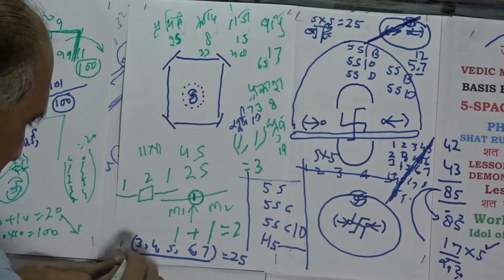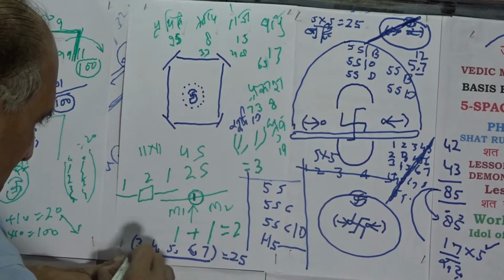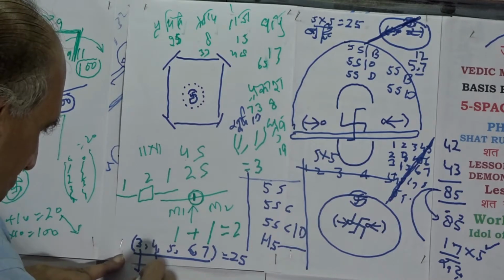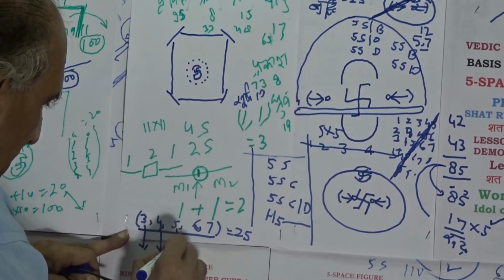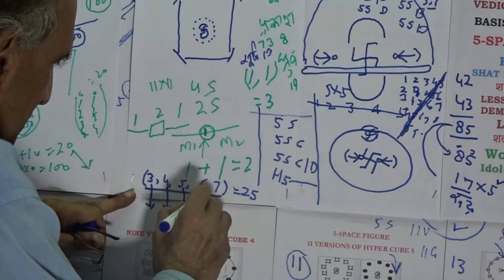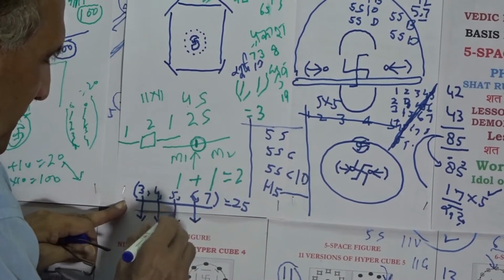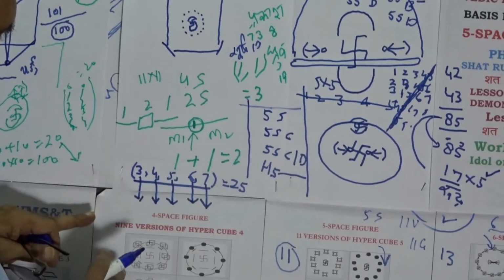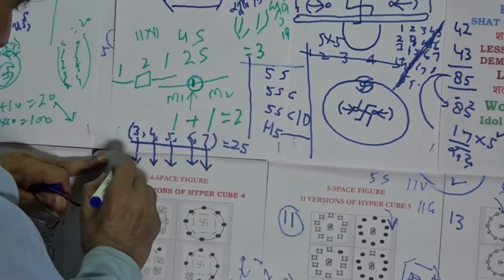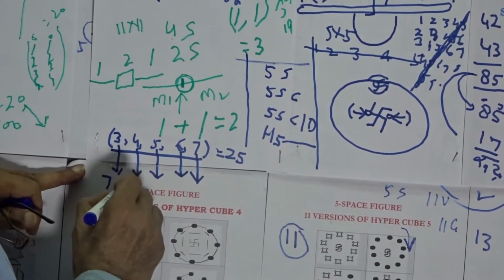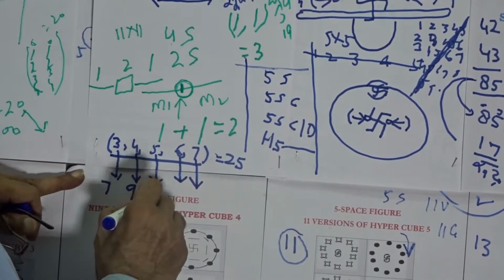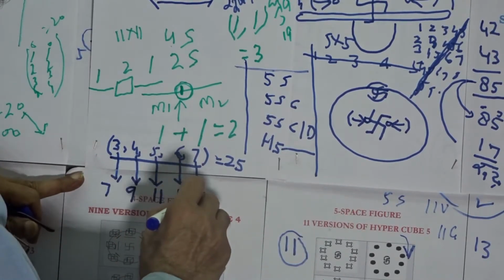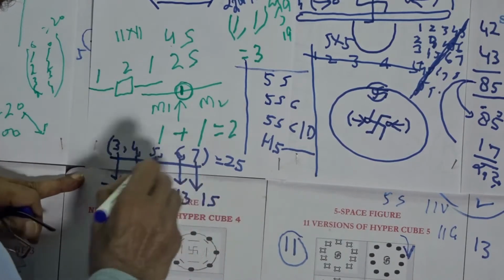Further, we know 3 space is in the role of dimension, 4 space in the role of boundary, 5 space in the role of domain, 6 space in the role of origin, and 7 space in the role of base. Further, 3 space leads us to 7 geometries, 4 space to 9 geometries, 5 space to 11 geometries, 6 space to 13 geometries, and 7 space to 15 geometries.